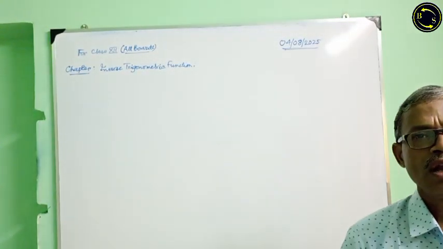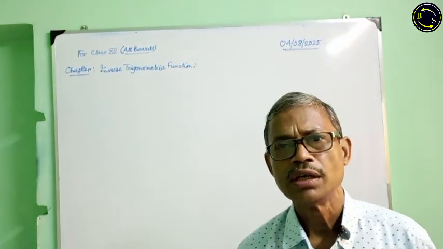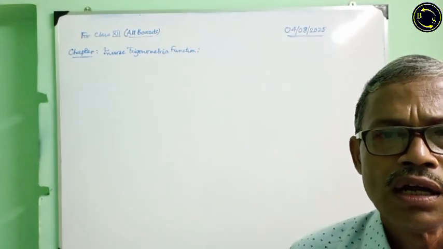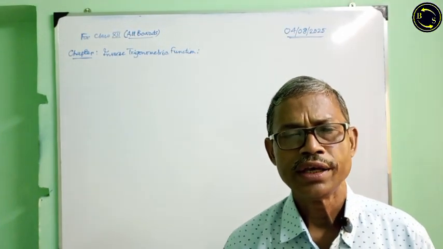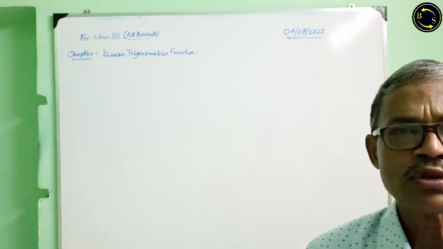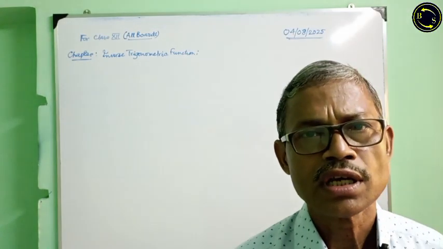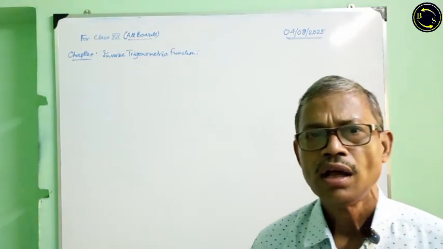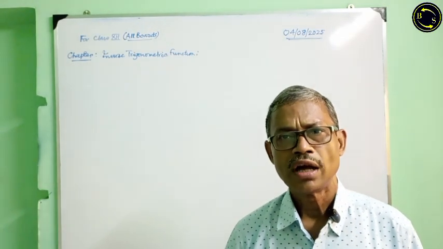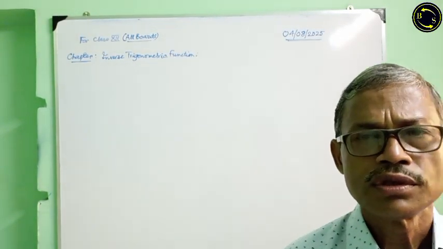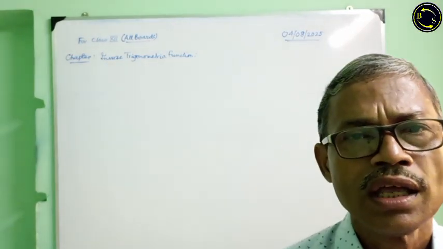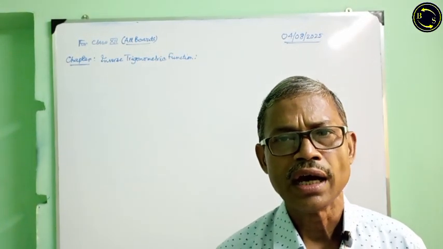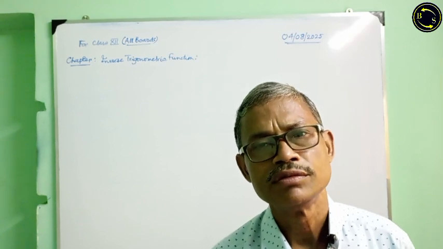First of all, let me remind you, my students, learners, already in the last few episodes I have discussed relations and functions, and after learning those topics we have gained the idea of inverse function.